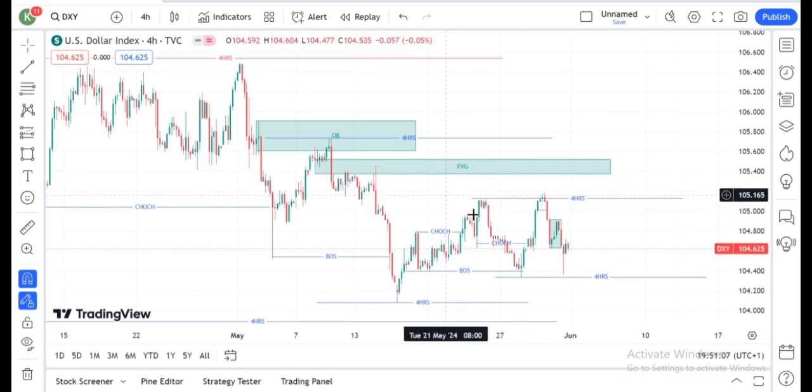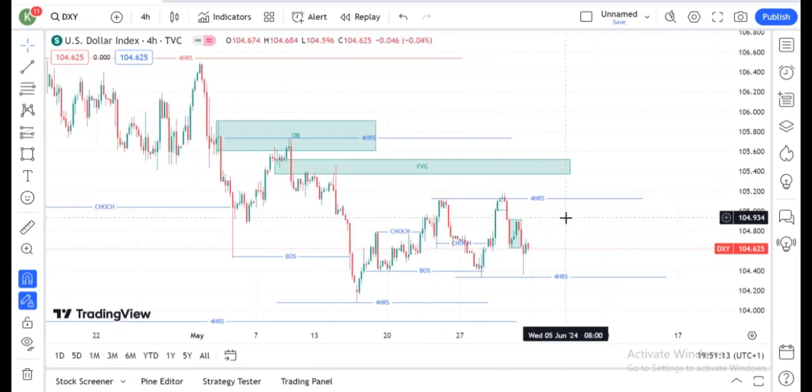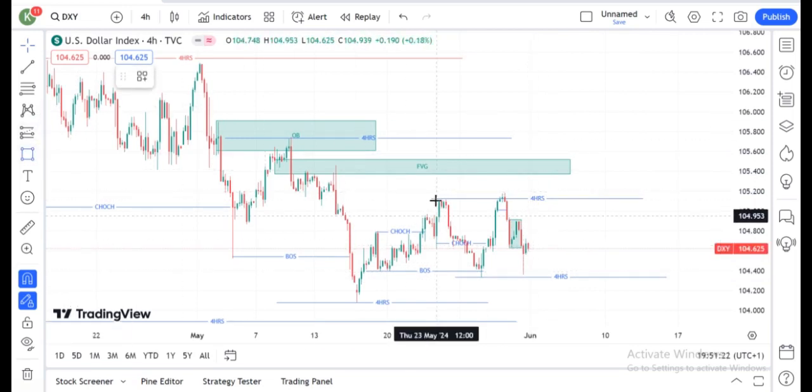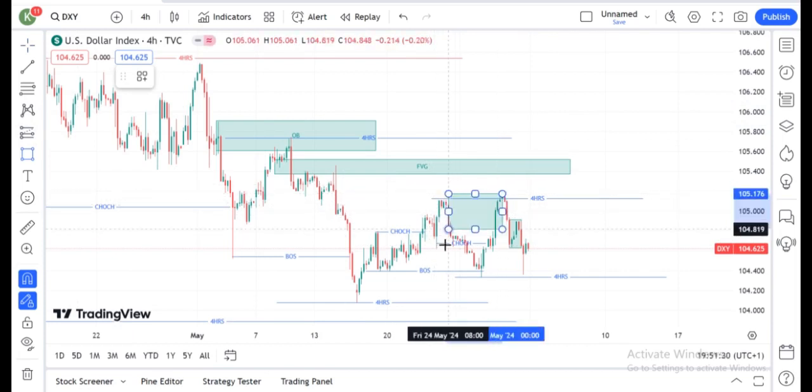Can you see that now? It has formed a double top here, though this is a little bit higher than this. So that means if this is a failed low, then maybe price is coming to this side. But I'll be interested to see price take out this range of liquidity. Until price does that, we're going to be swing trading.